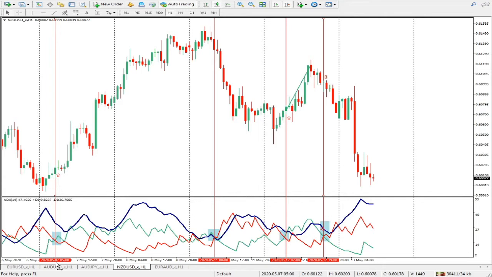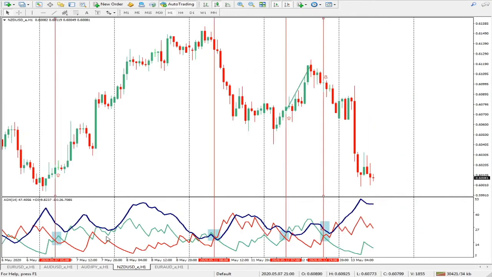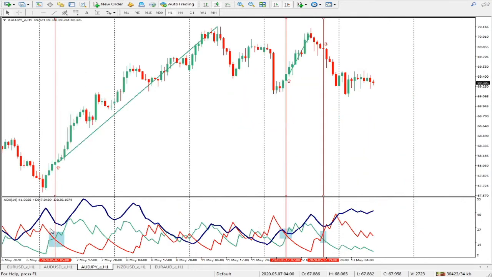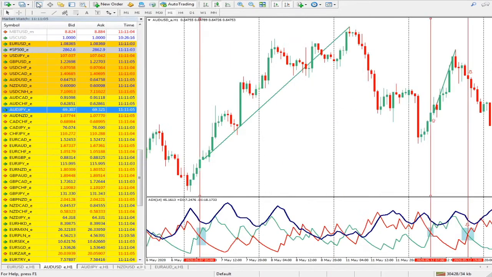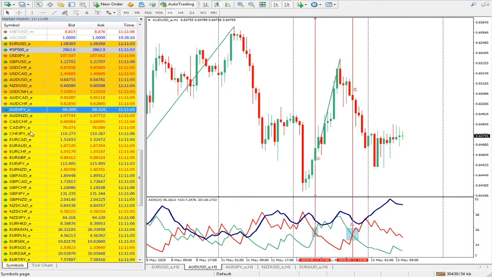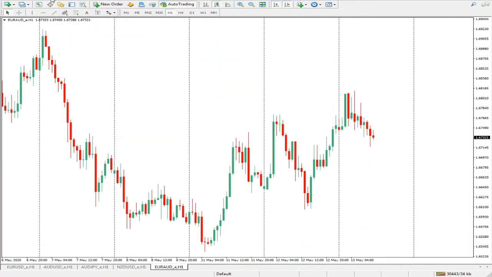So assuming you had this, this was a buy. Amongst these symbols, there is always a symbol which is going exactly opposite to the ones that are going together. One of them is NZD USD, Euro AUD.